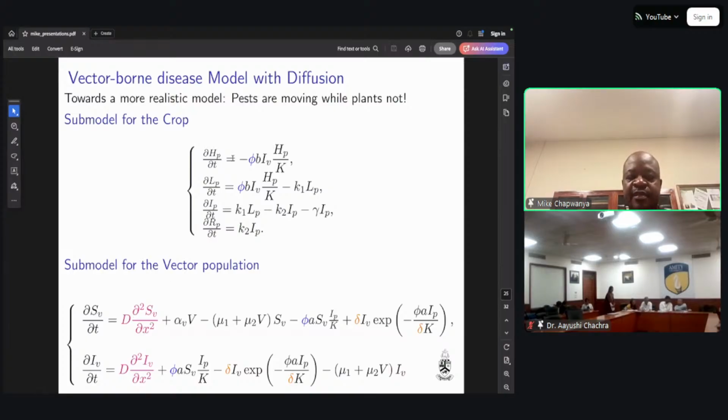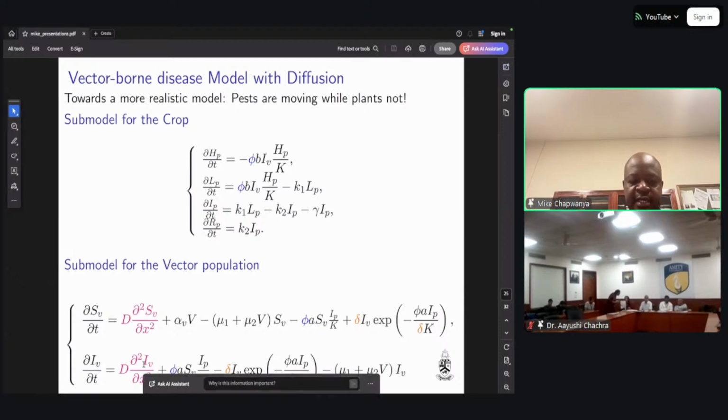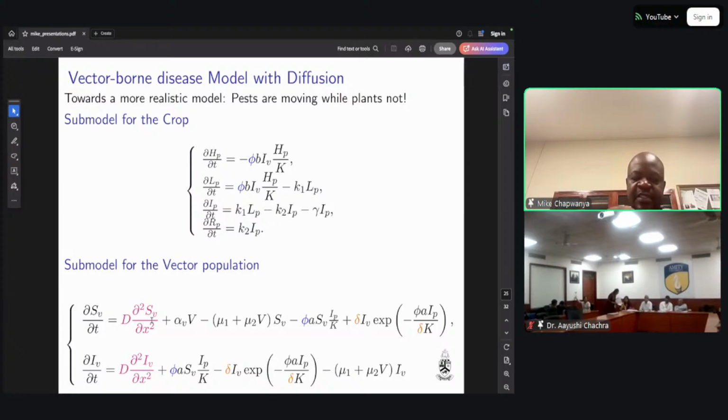The crop itself does not move, so the crop set of equations remain the same, but for the vector population, we included this diffusion, which is kind of just the random movement of the vector.